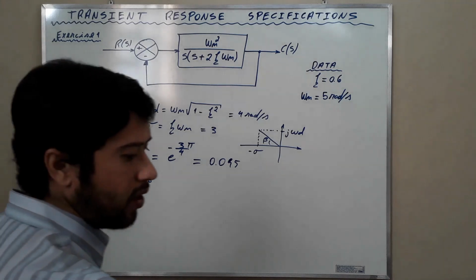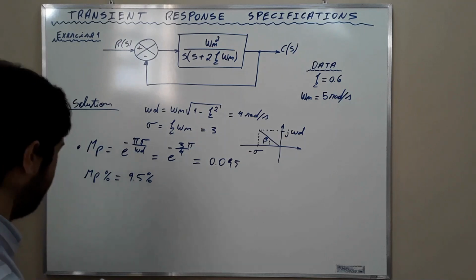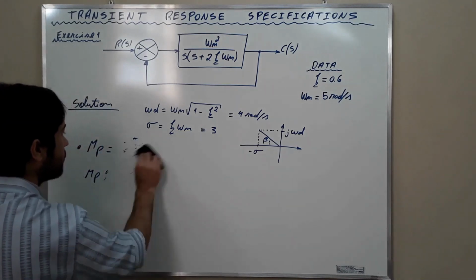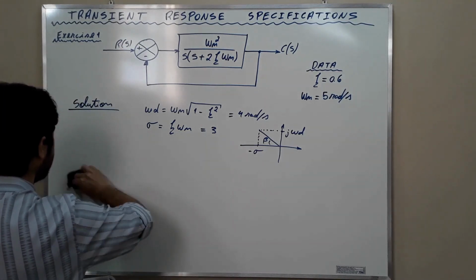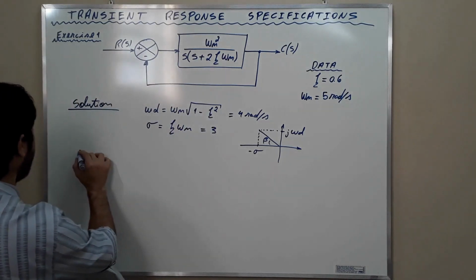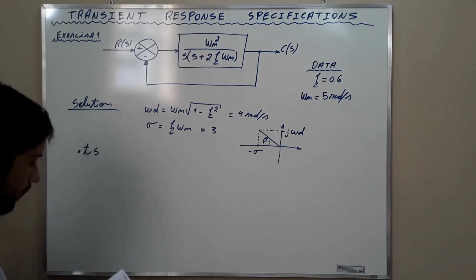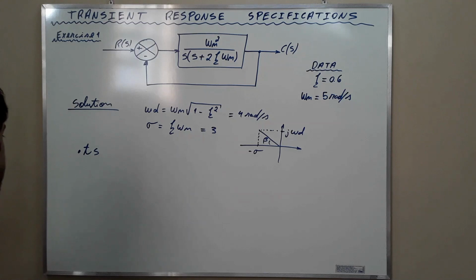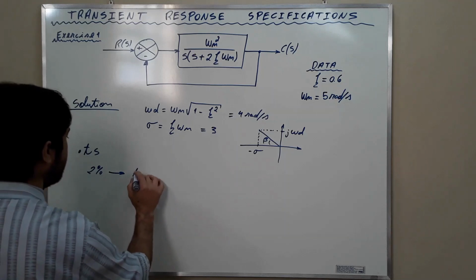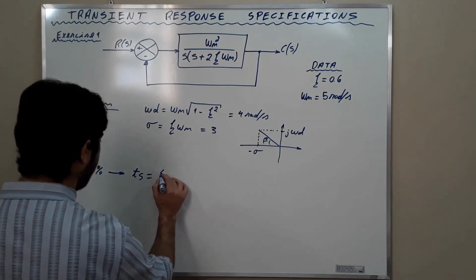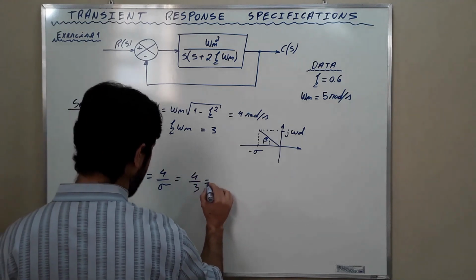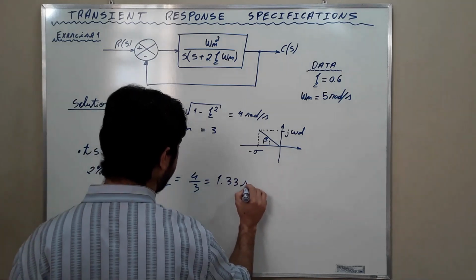And to finish, we are going to calculate the settling time. The settling time, Ts, for the 2% criterion, we find that Ts is equal to 4 over sigma, which is 4 over 3, which is 1.33 seconds.